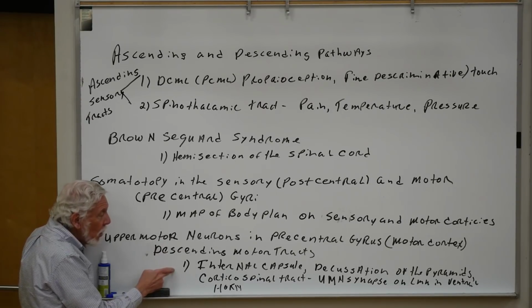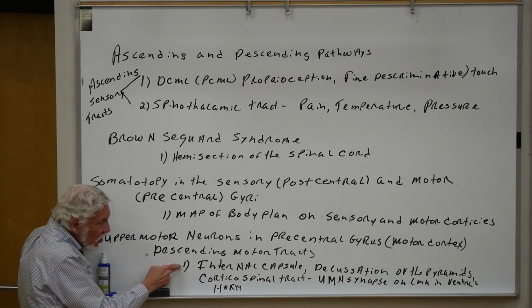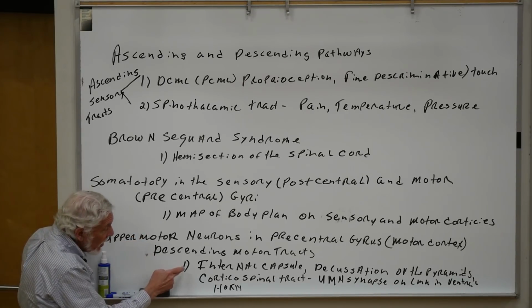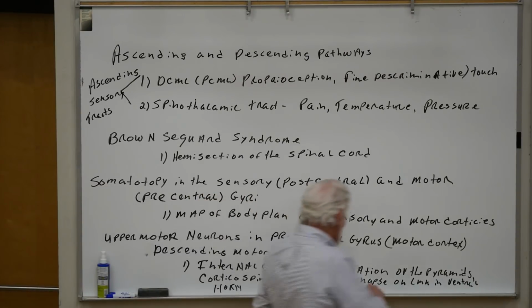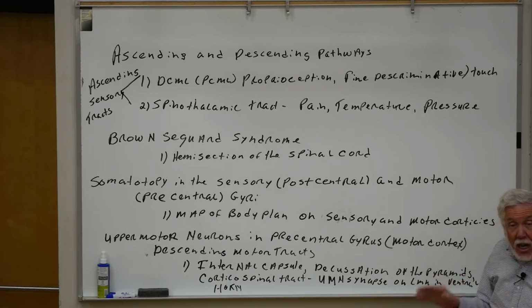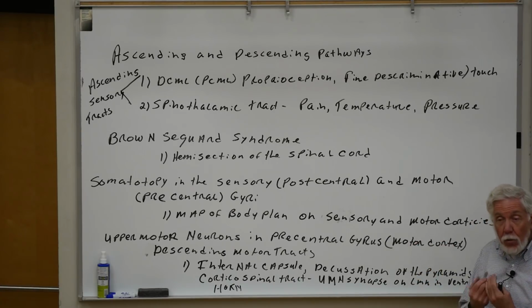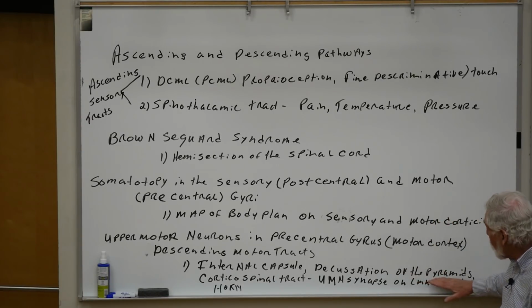The descending pathway goes from the motor cortex through the internal capsule, then crosses over the midline in a region called the decussation of the pyramids. So just as the sensory information crossed over on the way up, the motor information also crosses over on the way down, at the decussation of the pyramids.